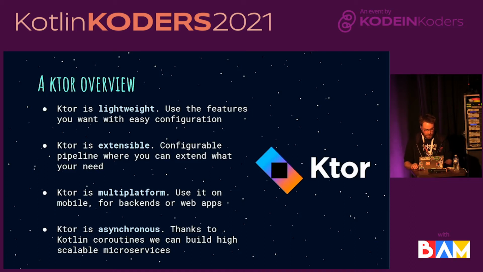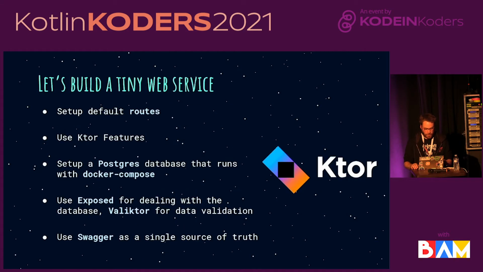Okay, so I'm going to show you how you can build a tiny web service. It's a cooking API. We're going to set up the main route at the beginning. I'll show you some of the Ktor features, like content negotiation or data conversion and so on. Then we're going to plug this microservice into a Postgres database, which will run with Docker Compose.